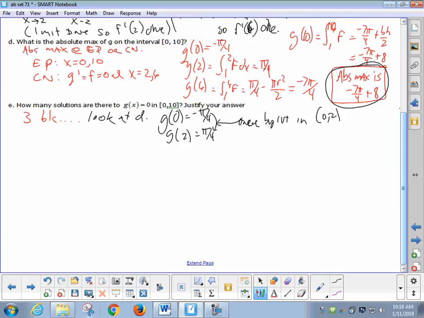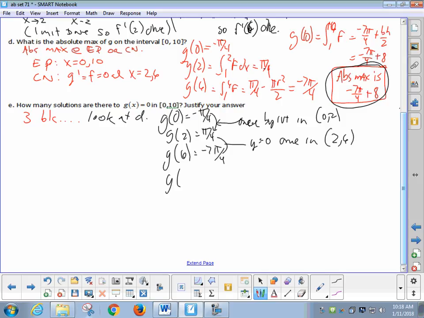Then when it goes from 2 to 6, it goes from pi over 4 down to negative 7 pi over 4. You can't go from pi over 4 to negative 7 pi over 4 unless G equals 0 once in 2 to 6. Again, G is continuous.